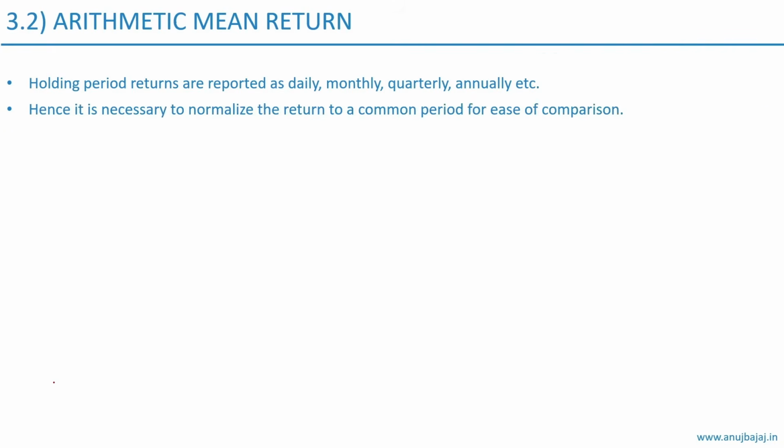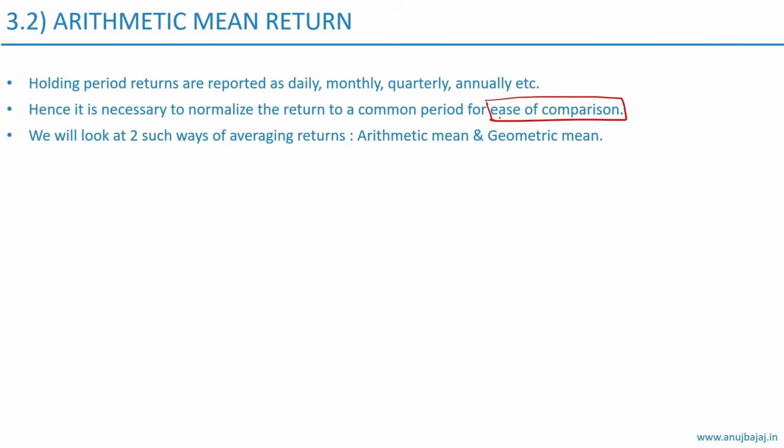Hence, it becomes necessary to normalize or average out the return to a common period for ease of comparison. We will look at two such ways of averaging returns: arithmetic mean return and the geometric mean return.